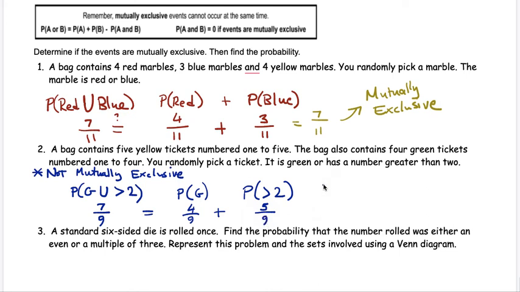And notice we now have to subtract the probability of being green and greater than 2. You've got 2 of them that are green and greater than 2. So 2 ninths. So that's where we're getting our 7 ninths from. Okay, so those are 2 examples that we look at, one mutually exclusive, one not mutually exclusive. When you have an intersection, you're not mutually exclusive. I hope that helps, and I'll see you in class.